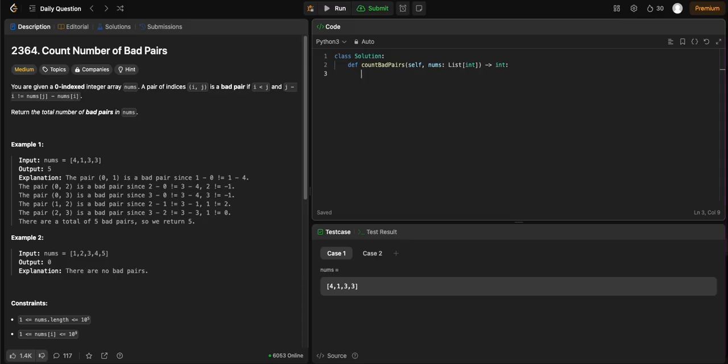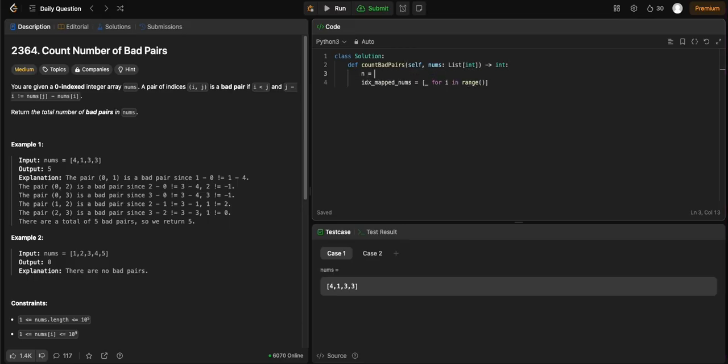But yeah, let's get coding. So, index map nums. What do we want to do? We want to have something here for i in range.